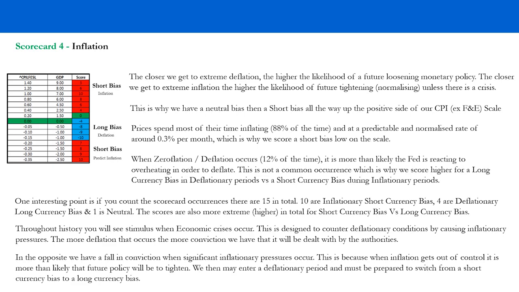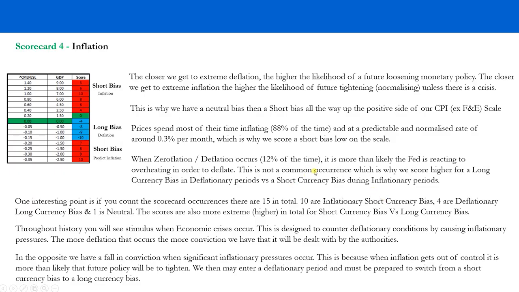Now, this is not a common occurrence, which is why we score higher for a long currency bias in deflationary periods versus a short currency bias during inflationary periods. So you can see the magnitude of the numbers here in the deflationary zone. The magnitude of the numbers goes up very, very quickly in a very tight range. So you can see we have extreme scores for deflation in the negative.